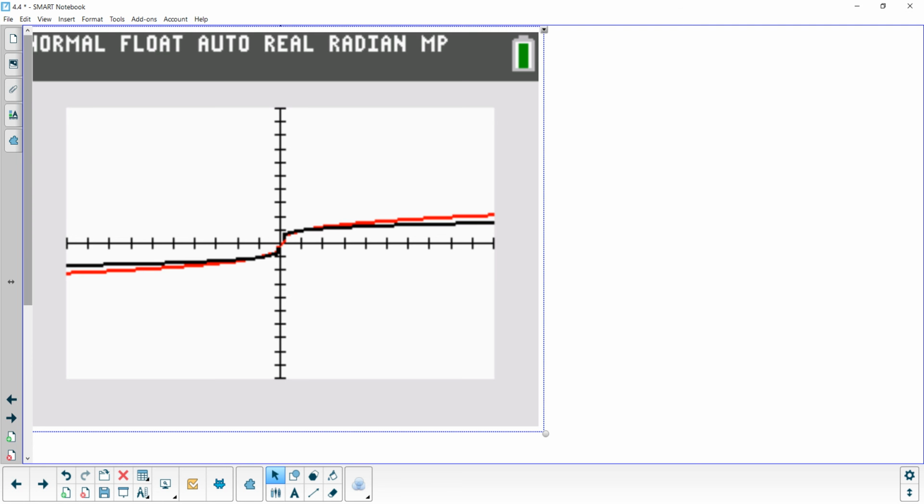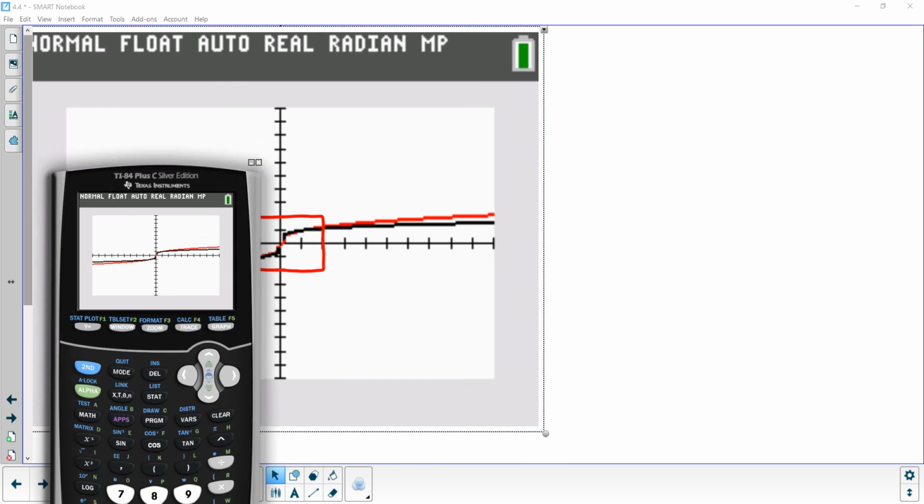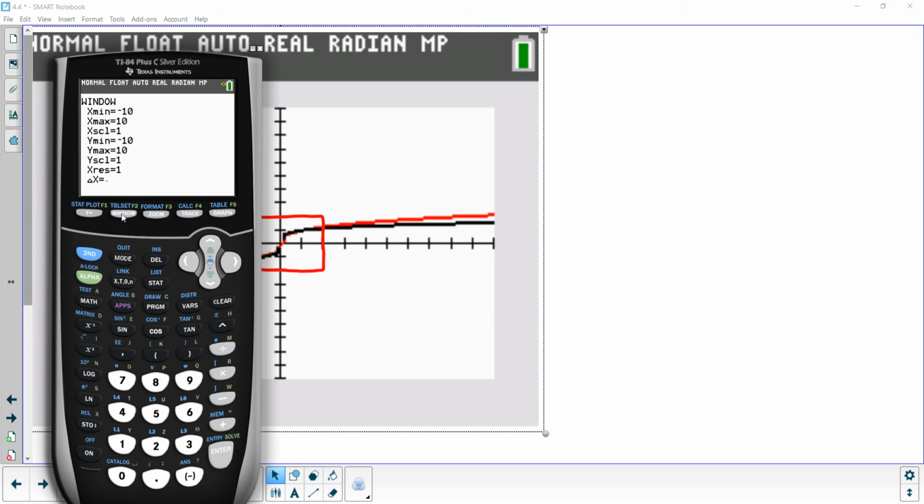But there is more happening in this area. So let's zoom in -2 to 2 on everything and see if we can tell what's happening. Let's set our window, -2 to 2. So this is going to zoom us in 5 times as much.